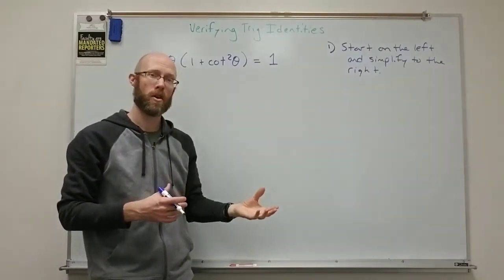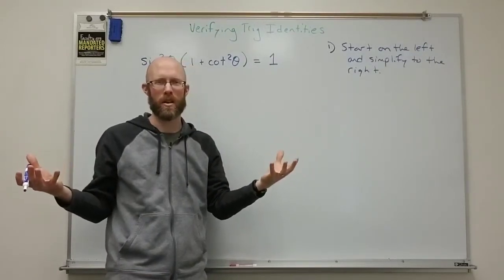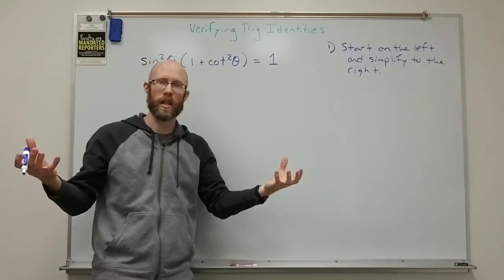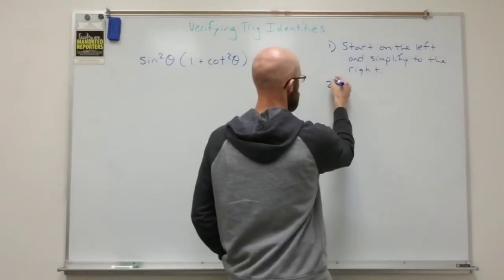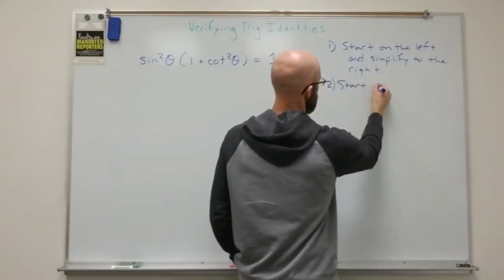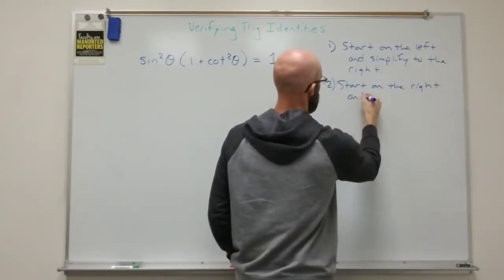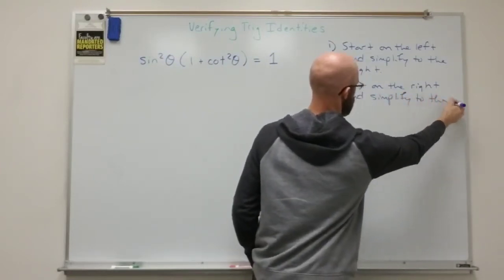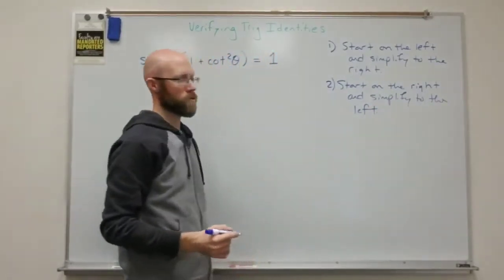But there are times where both expressions are basically equally complex, and you might choose to work with the right side as opposed to the left side and try to work that way. So that's an option, even though it might not really apply in this example. So you could start on the right and simplify to the left. Okay, so that's an option.